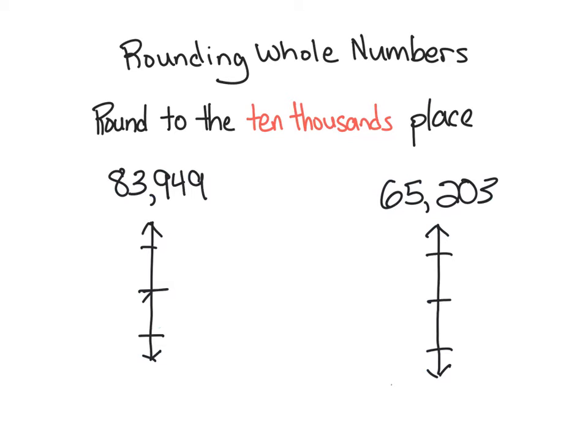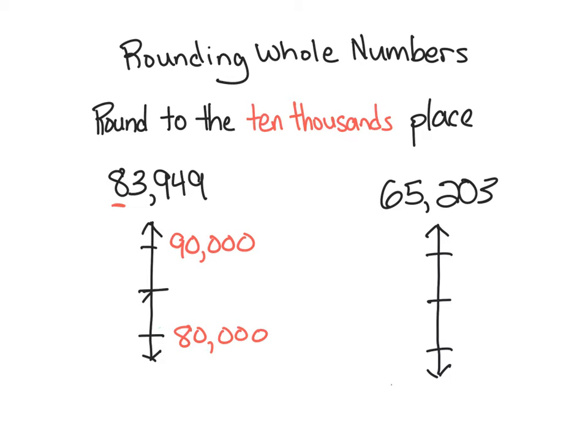In the next two problems, we are being asked to round to the 10,000s place. Well, this 8 is in the 10,000s place. That is 8 10,000s, which of course is 80,000. So if 80,000 is our low, our high has to be 10,000 more than that, which would be 90,000.